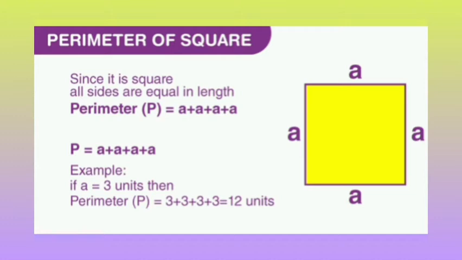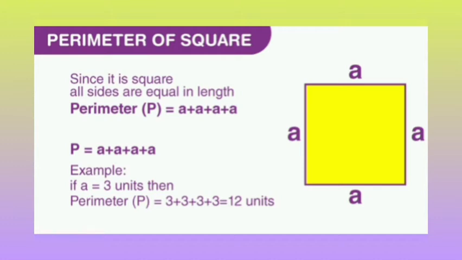For example, if A equals 3 units, then the perimeter will be given by P is equal to 3 plus 3 plus 3 plus 3, that is equal to 12 units. Here I can take A is equal to 3 units.